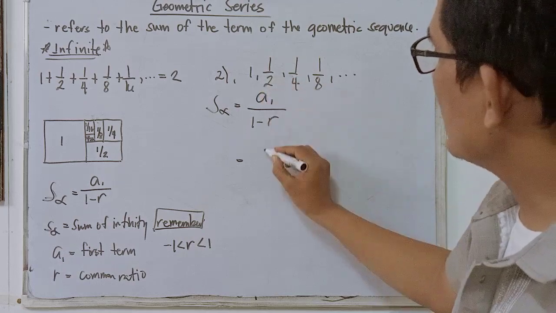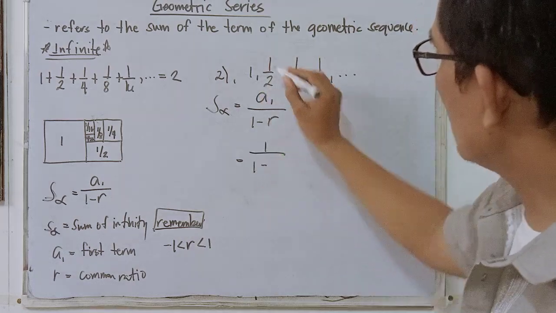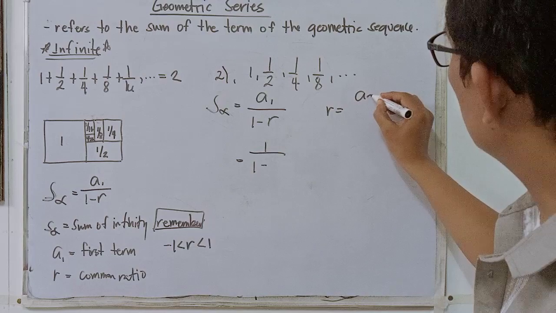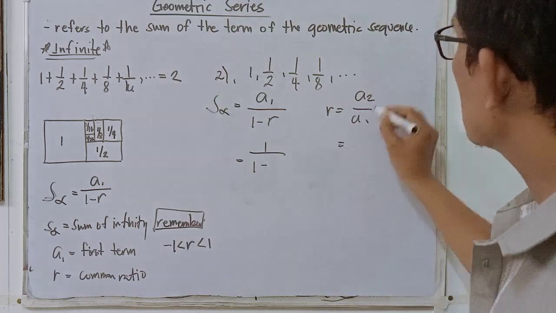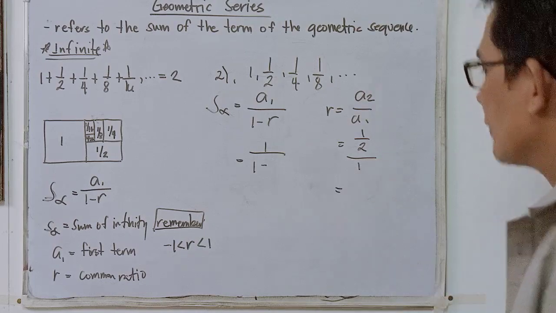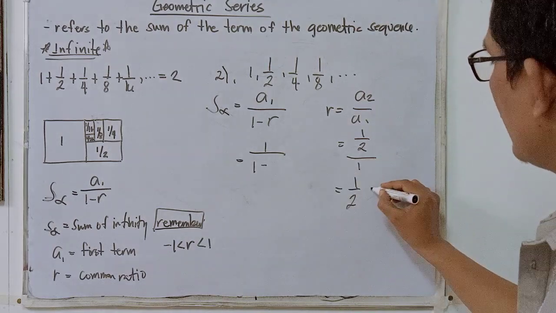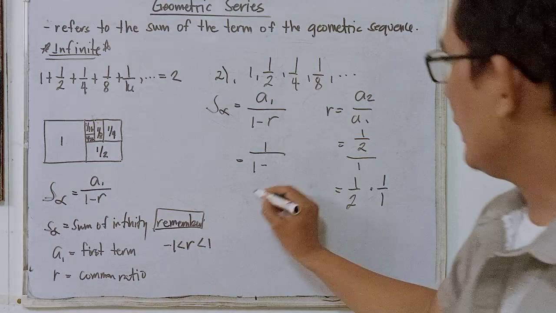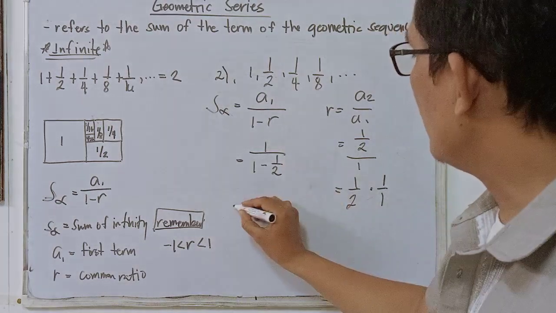Our a sub 1 is 1. 1 minus our r, which is a sub 2 over a sub 1. So a sub 2 is 1/2 over 1. Then this becomes 1/2 times 1 over 1, and this is still 1/2.